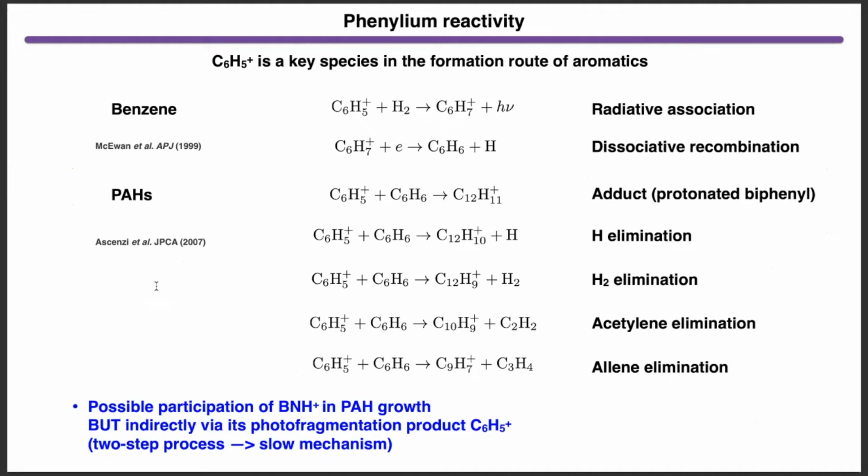So the idea is that if protonated benzonitrile exists in space, it might be important in the process of PAH growth, but in an indirect fashion, as it will be a two-step process, because you first need to photofragment this protonated benzonitrile before the chemistry happens. So it will be rather slow if this does play a role.